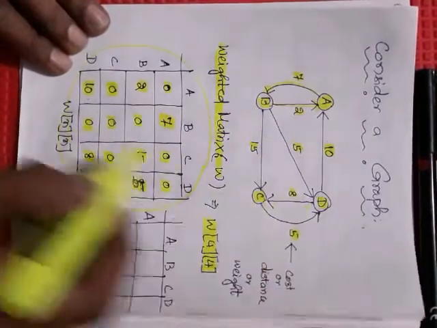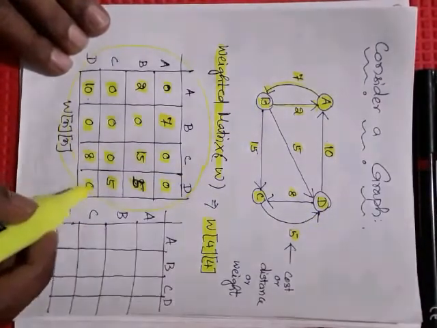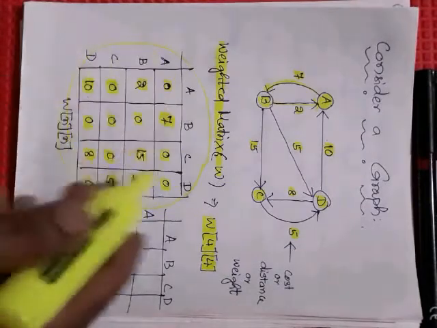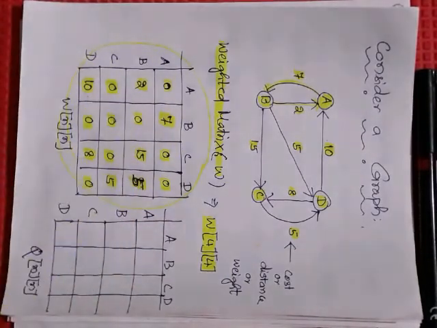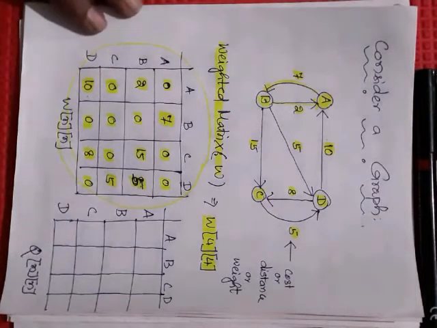D to C is 8, D to D also 0. So this is our weighted matrix. Now once we have this weighted matrix, we can find the shortest distance between every pair of vertices. So how to find it? Let us see the algorithm.